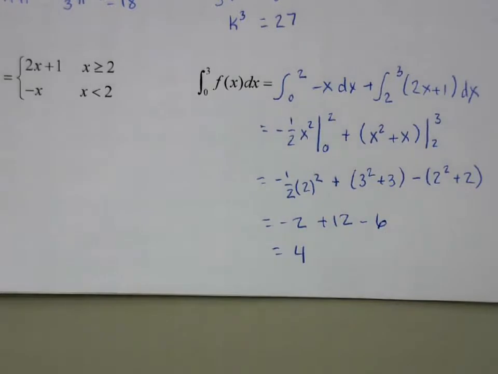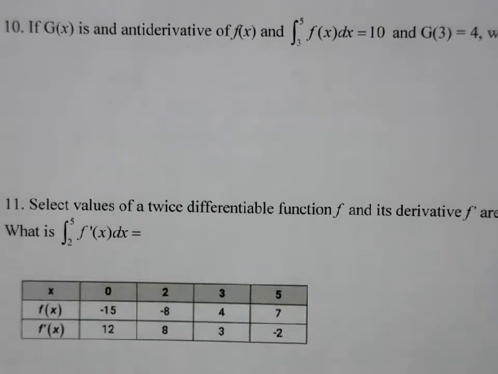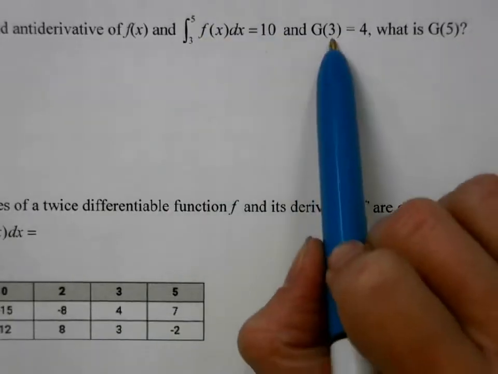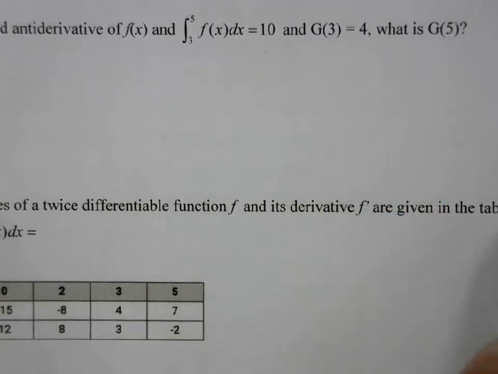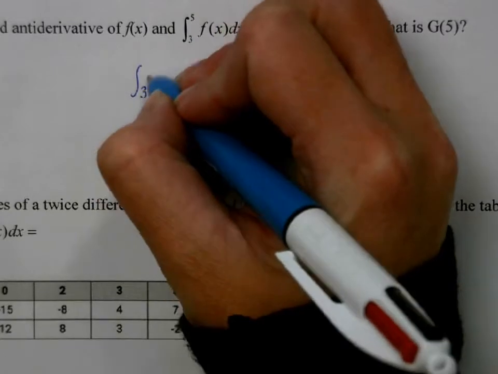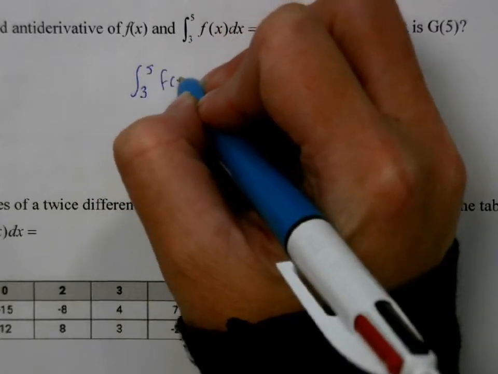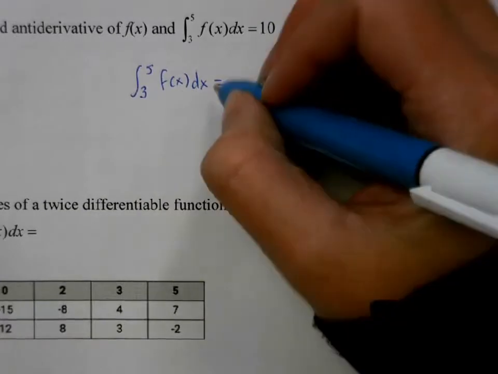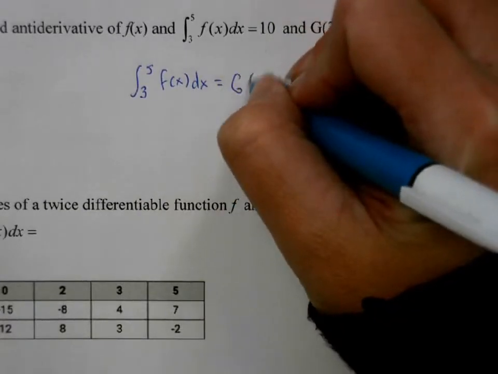Okay, so if g of x is an antiderivative of f, and the integral from 3 to 5 of f of x is 10, and g of 3 is 4, what is g of 5? Well, the integral from 3 to 5 of f of x dx is going to be the antiderivative of f, which is g, evaluated at 5, minus g, evaluated at 3.